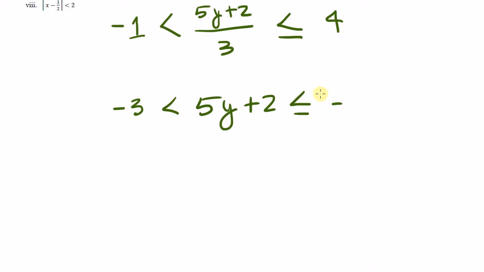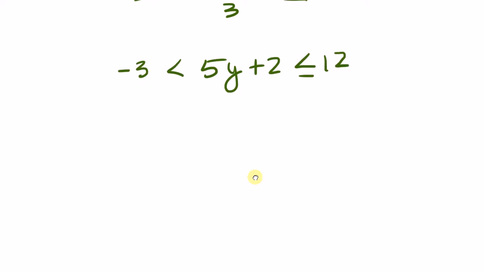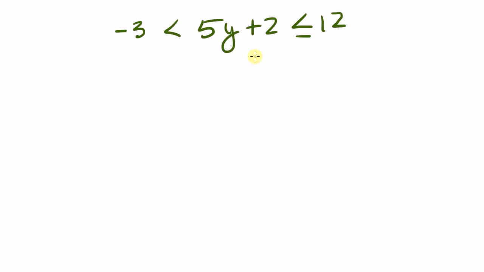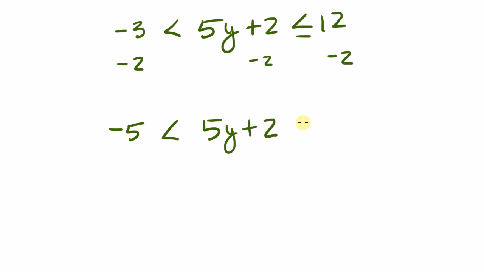And 3 times 4 is 12. Now I'm going to subtract 2 from everything. And I get -5 is less than 5y, which is less than or equal to 10.